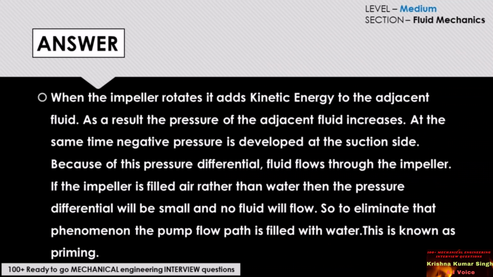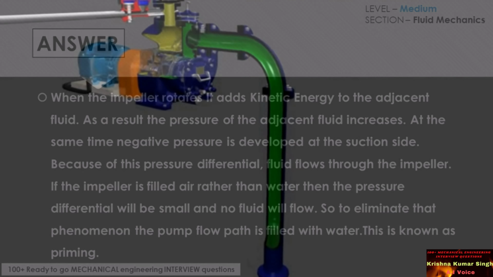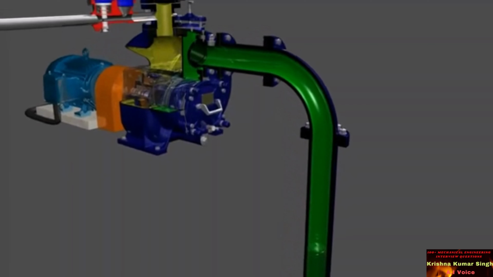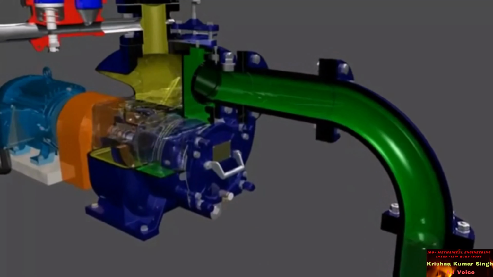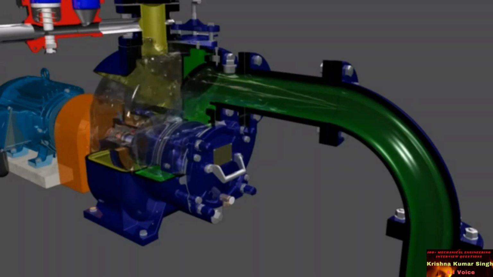The answer to this question would be: when the impeller rotates, it adds kinetic energy to the adjacent fluid. As a result, the pressure of the adjacent fluid increases. At the same time, negative pressure is developed at the suction side. Because of this pressure differential, fluid flows through the impeller.